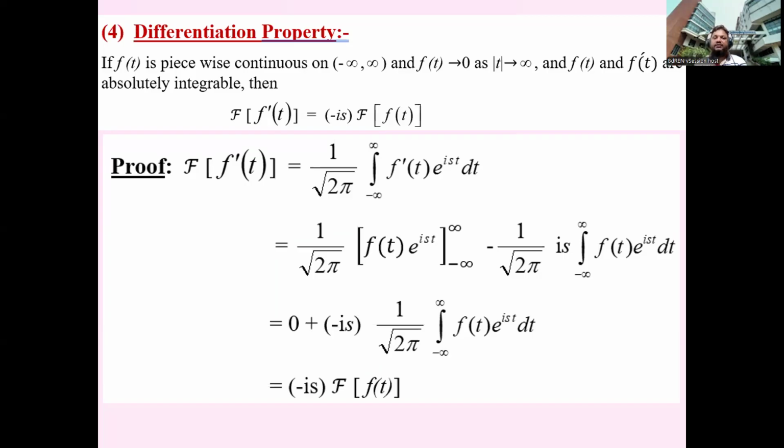So what is the difference between an initial value problem and a boundary value problem? An initial value problem contains the initial condition. And a boundary value problem contains initial conditions, including boundary conditions. That's why to solve the boundary value problem, we will use the Fourier transform.